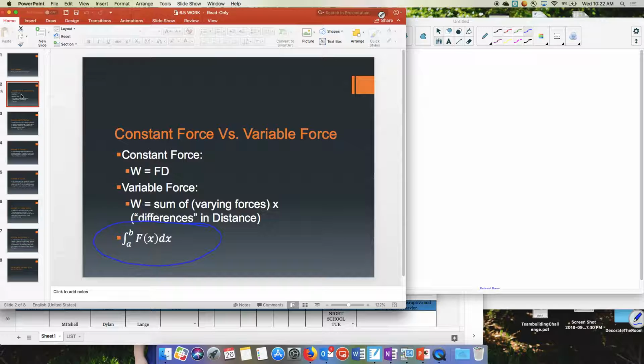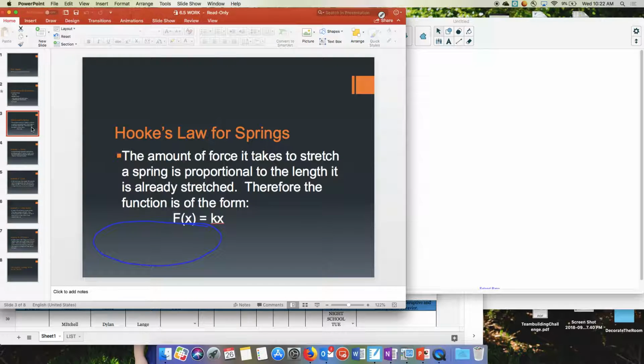So we're gonna go over Hooke's law, and it's gonna be way better because we can use an integral instead of memorizing a formula. Does that just say the integral of x dx? Yep. So it's not going to be that complex.